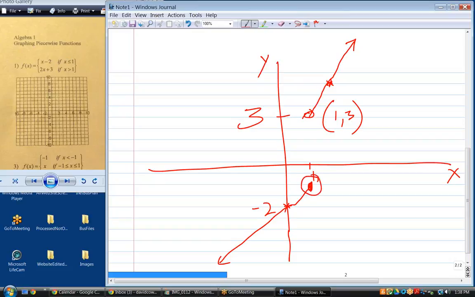Whenever x is less than or equal to positive 1, my function is this straight line right here. But whenever x is greater than 1, not greater than or equal, but greater than, then the function is different. It's got a different slope, it's steeper, it intercepts the y-axis at a different point. Except it doesn't go all the way to the y-axis. In other words, this thing doesn't extend all the way to here. It starts there and ends there.